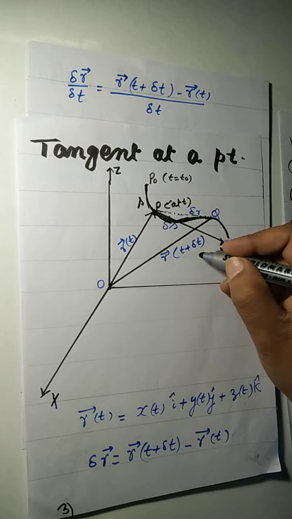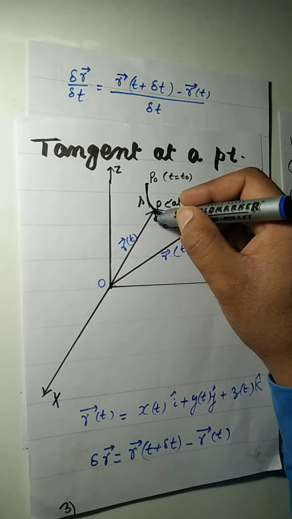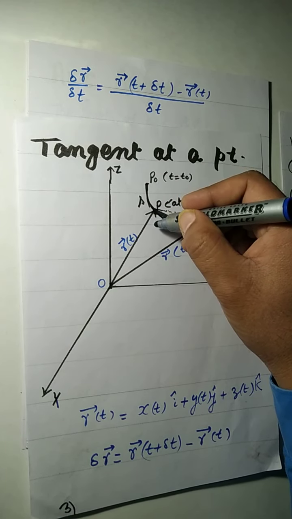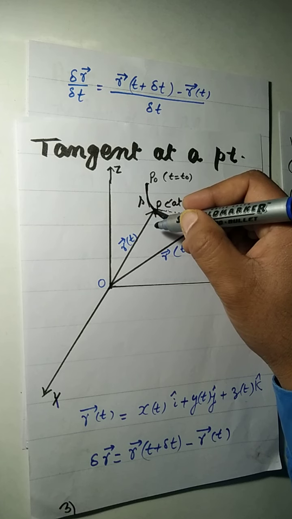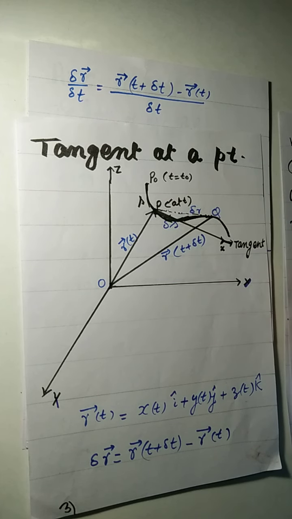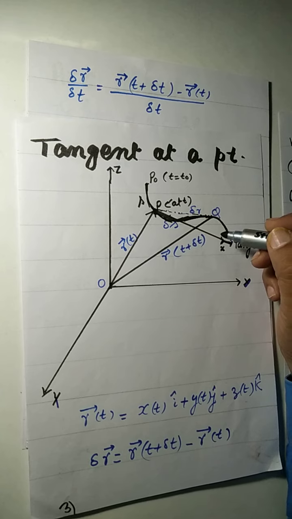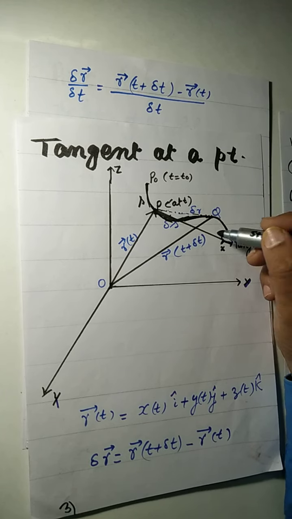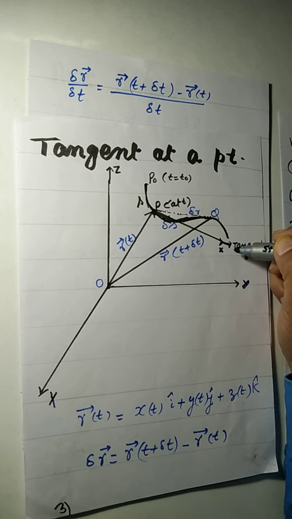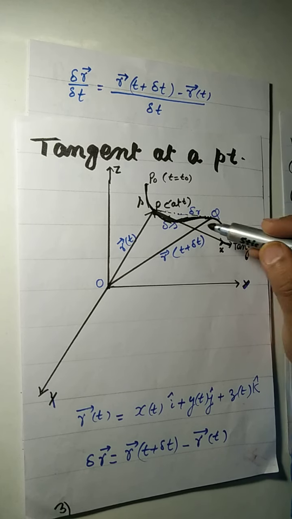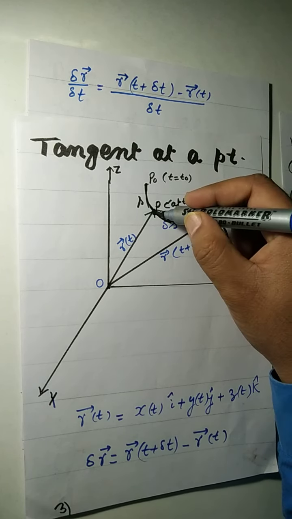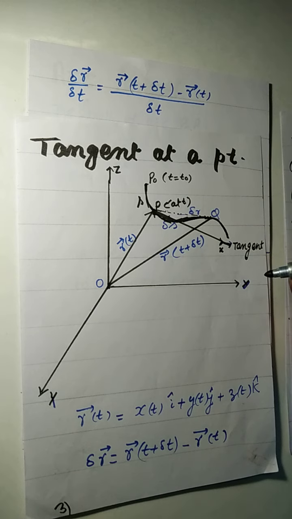When Q is at point P, the direction of delta r will be the same as the direction of the tangent.